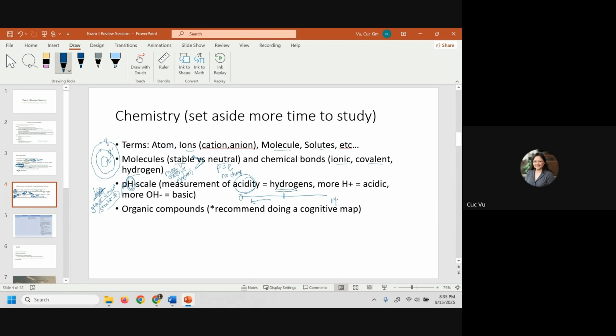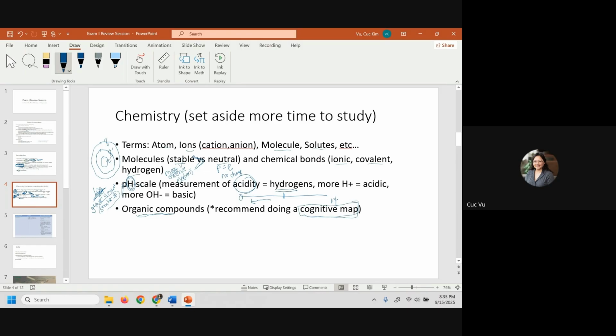Okay? All right. Then the organic compounds you all did, and I made a lot of comments, so make sure you go into your assignment and read through my comments. A lot of you redid your assignment, so that's awesome. And that's an example of what a cognitive map looks like.